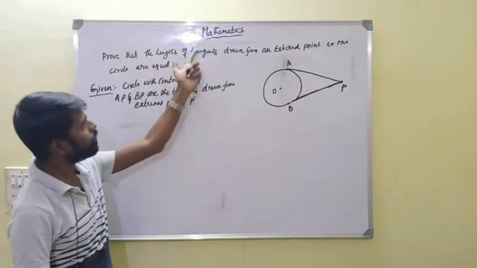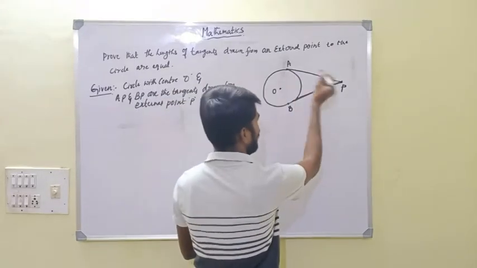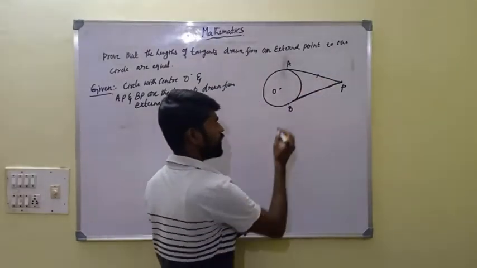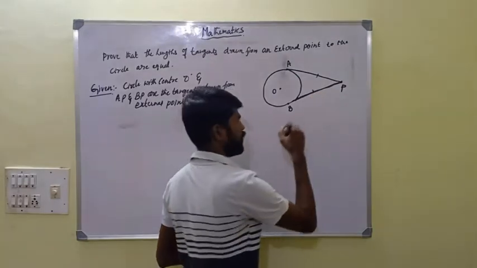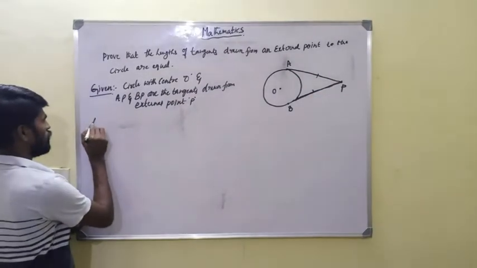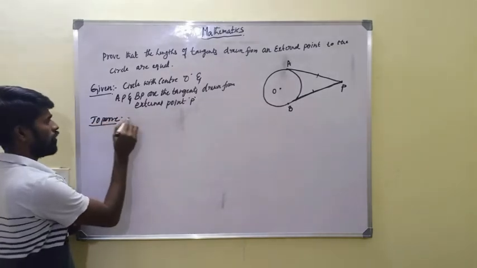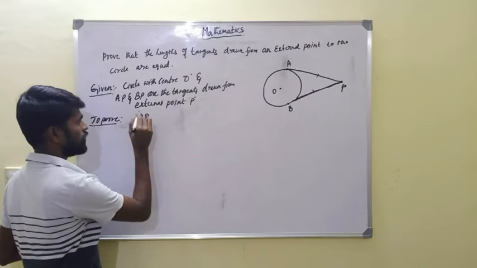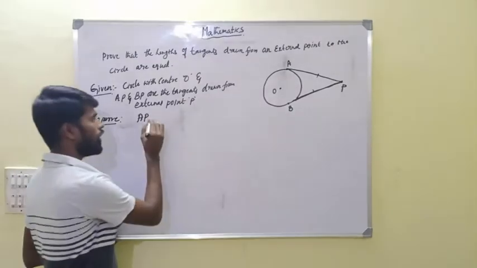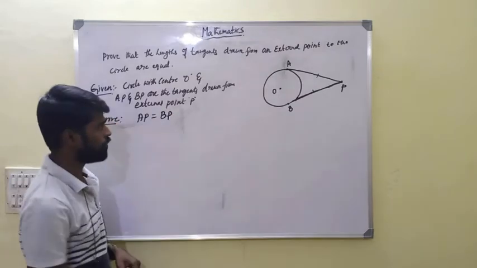The lengths of tangents are equal. That is, AP length should be equal to BP length. So this one we have to prove. So to prove the length of tangent AP is equal to the length of tangent BP.